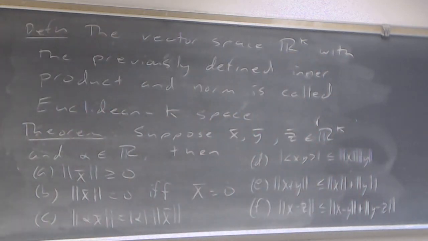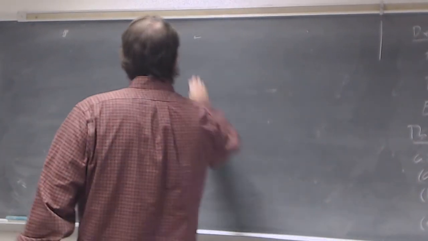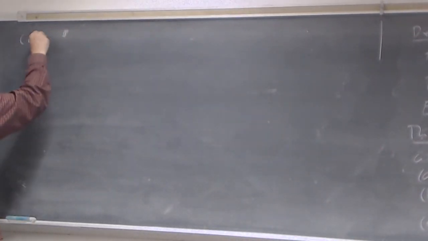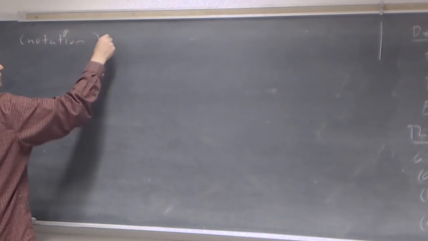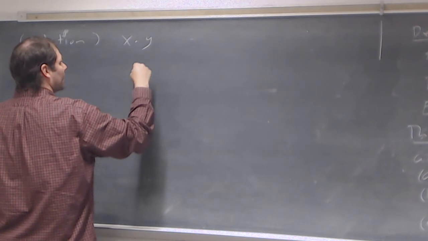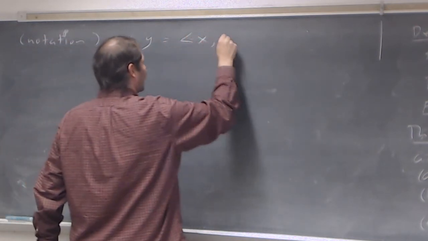Okay, we want to prove these. Really, what I had listed was relatively okay. Just in terms of notation here, something that I failed to mention is that often we say x dotted with y is equal to the inner product between x and y.